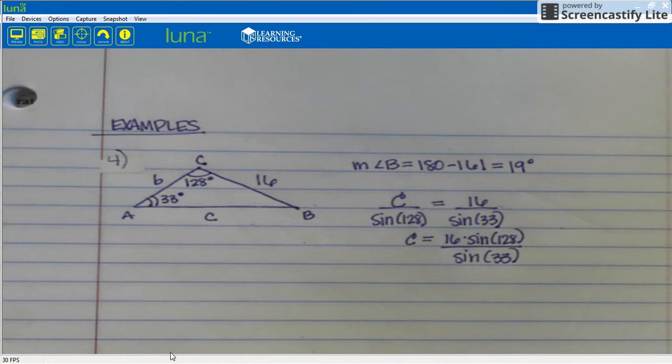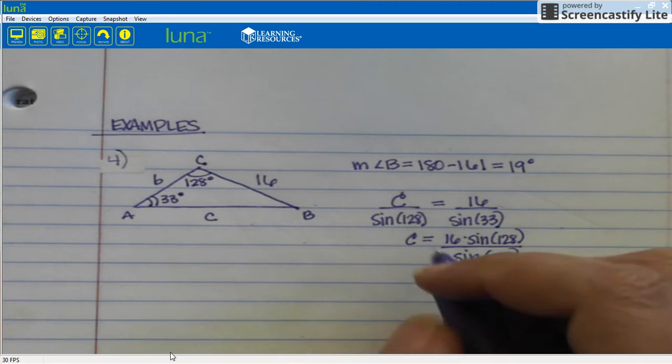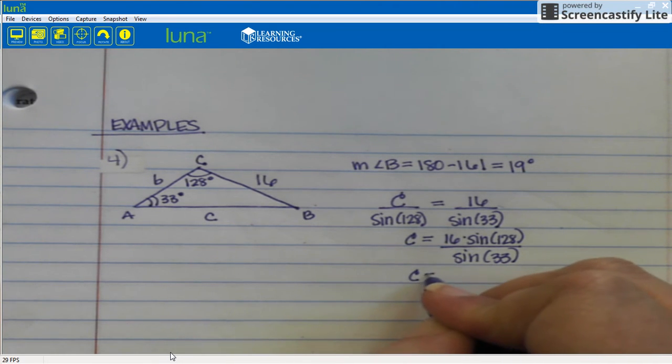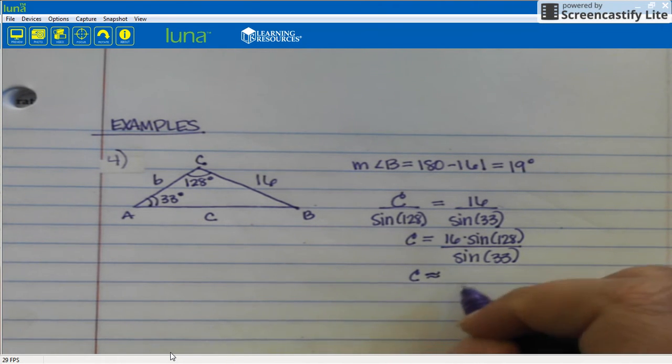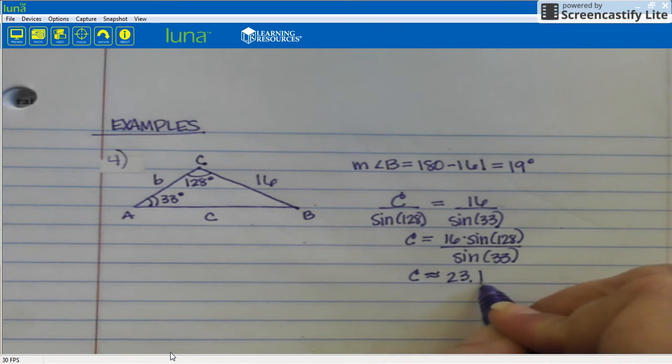So I have 16 sine of 128 divided by the sine of 33, and it tells us to round our length to the nearest tenth. So little c is approximately equal to 23.1.